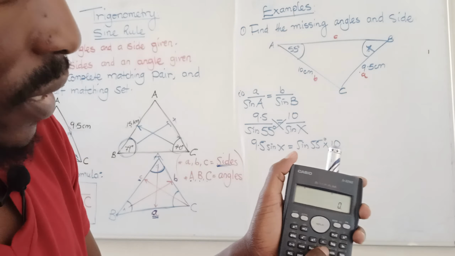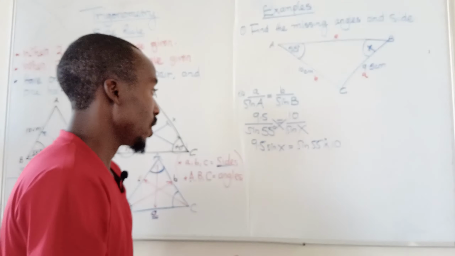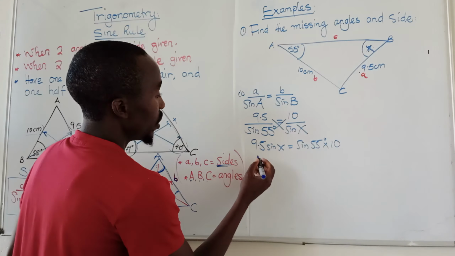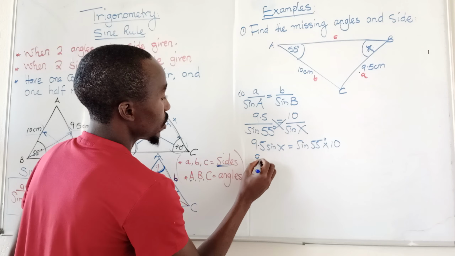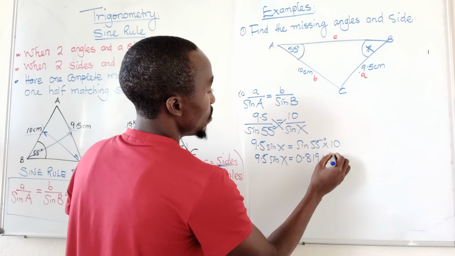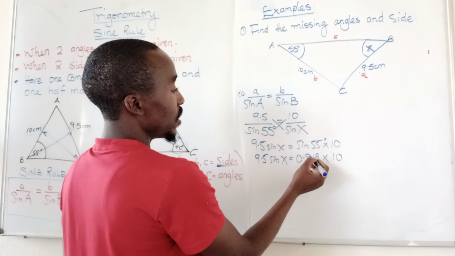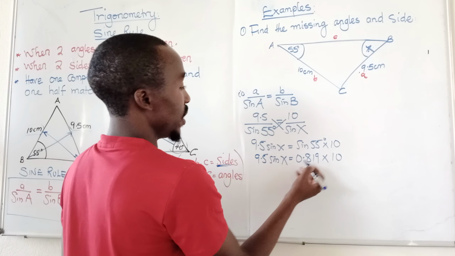It will give us 0.819. So 9.5 sine X will be equal to 0.819 times 10, because sine 55 is 0.819.